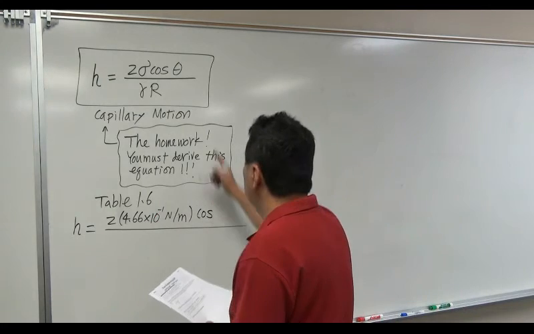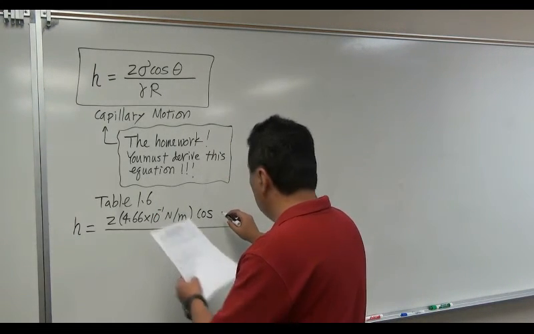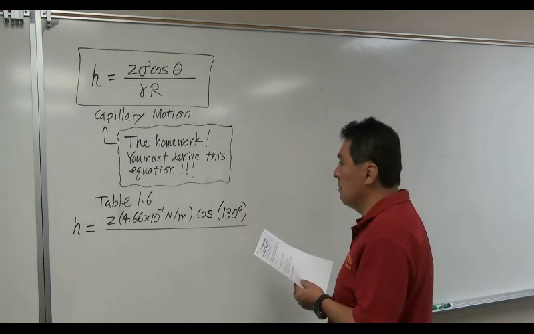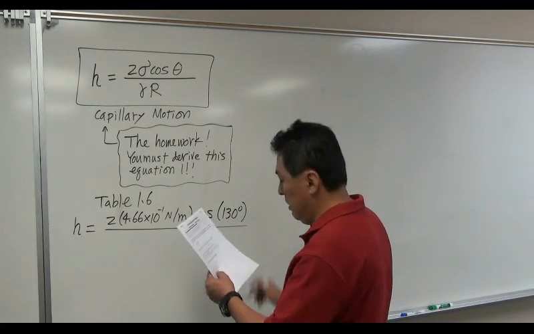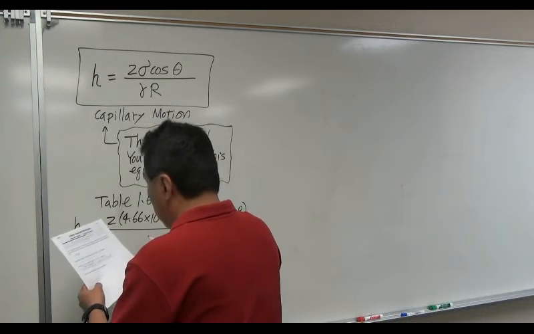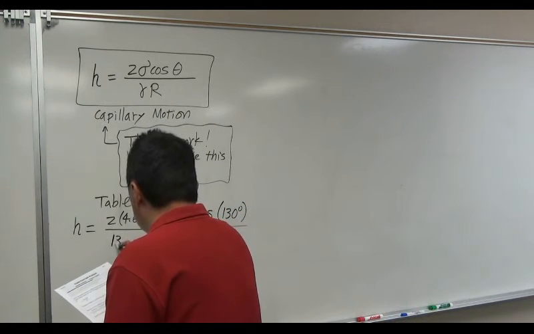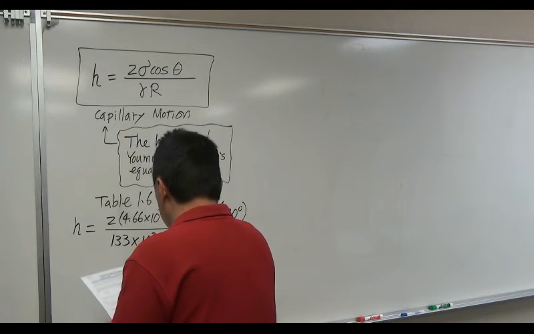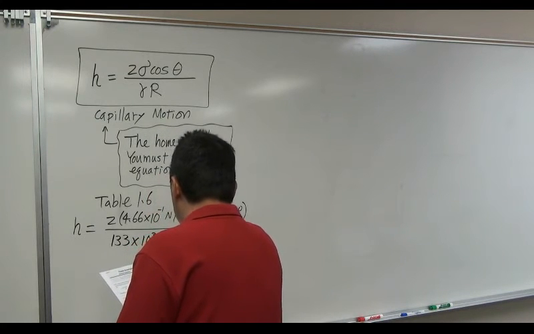Multiplied by cosine of theta, which is the contact angle. In the case of mercury, this is 130 degrees. This is called a non-wetting liquid. Gamma, the specific weight of mercury, is 133 times 10 to the 3 Newton per meter cubed.